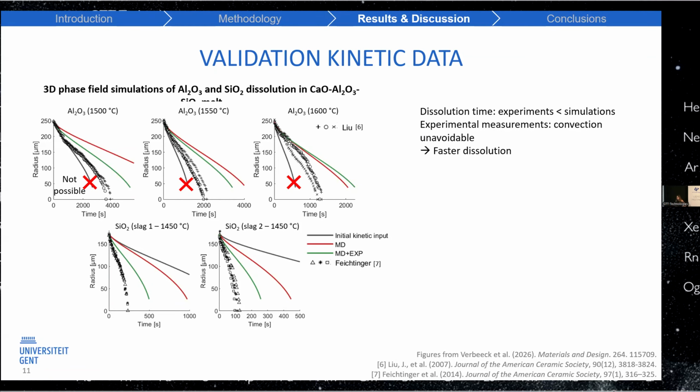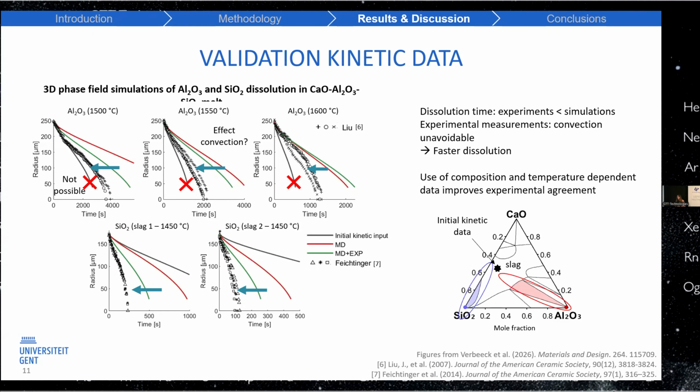But then a second important part was the deviation between our experiments and our simulations. We thought at least partially we could give an explanation based on convection. It's not the full picture, but at least it will play a part in this.